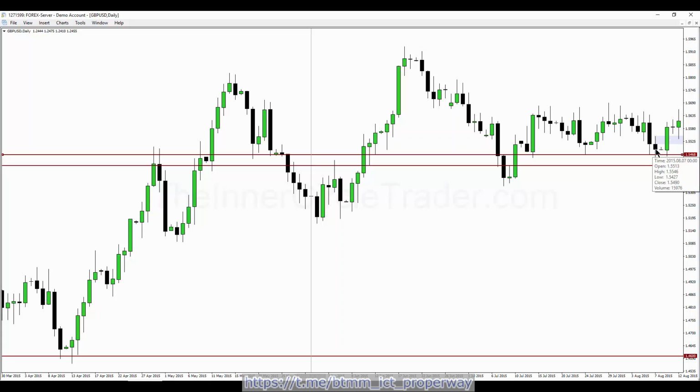And the high comes in at 155.46. So on this day here, we trade down into it on the 12th of August 2015. Trade right down into the body of that down candle, which is a bullish order block. Now that's bullish on a daily. So let's take a look at an hourly chart at that same time on August 12th.